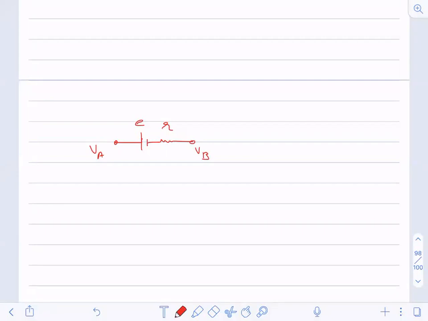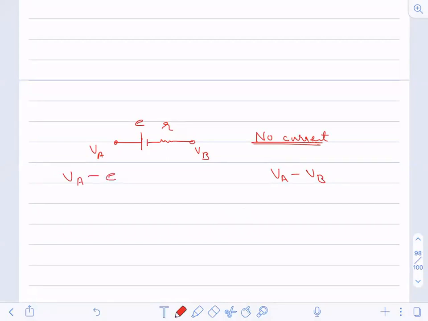So for open circuit calculation, when no current is there, what is VA minus VB? We have to calculate VA minus VB. Now you tell me. So VA minus E, there is no drop across R. Why?